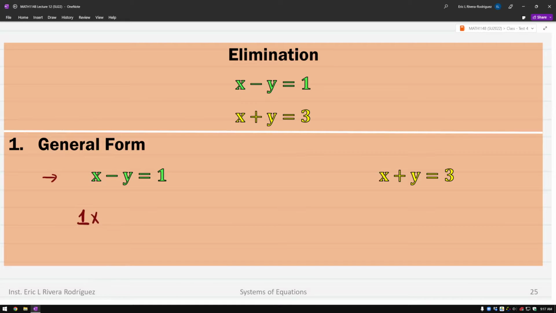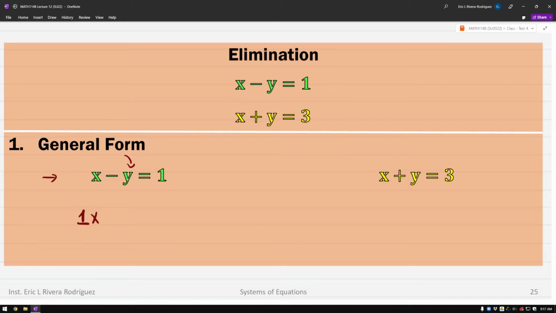Now, what is the value of the coefficient of the second term? What's the value here? With what sign?